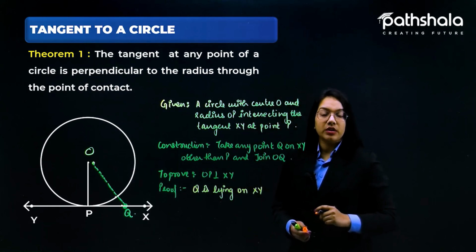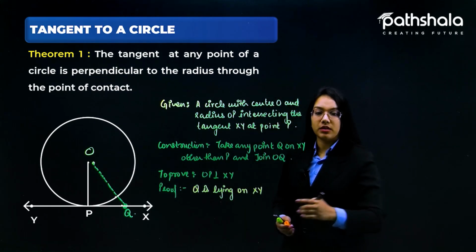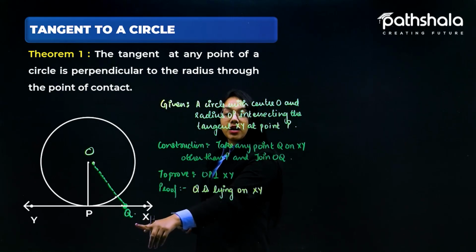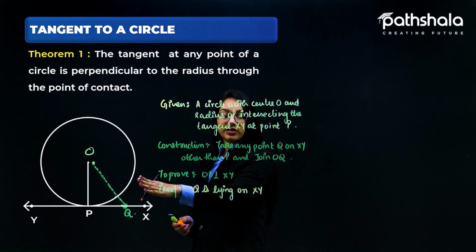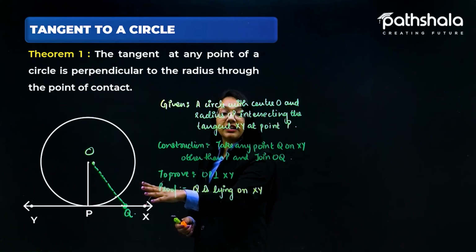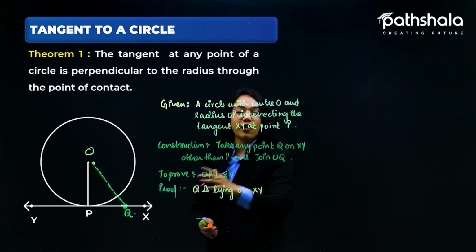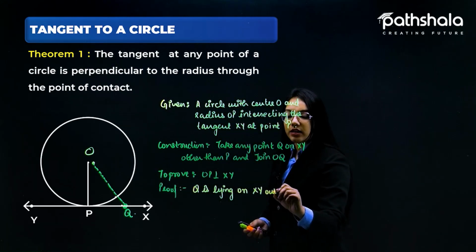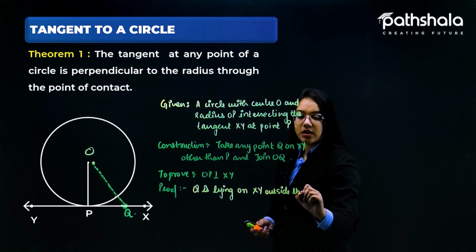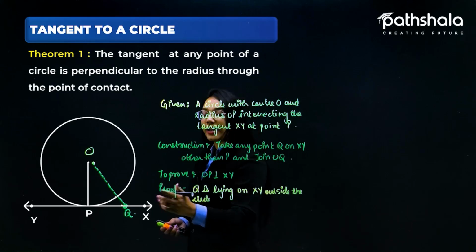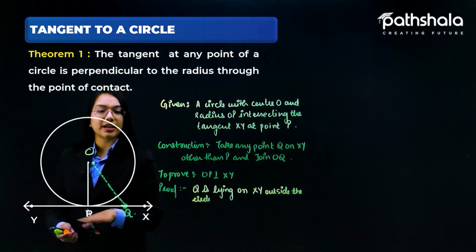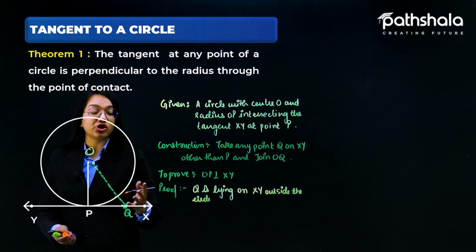It definitely cannot lie inside the circle, because if it lies inside the circle, then this XY would be a secant, and then it won't be a tangent at all.